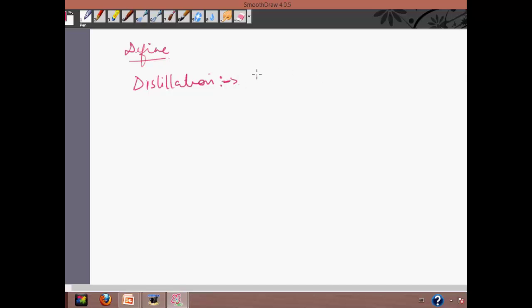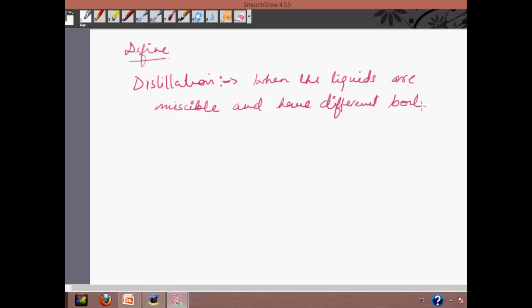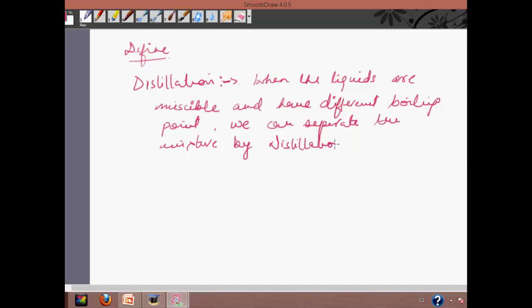It is when the liquids are miscible and have different boiling points, we can separate the mixture by the distillation process.